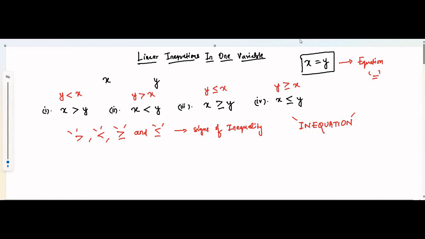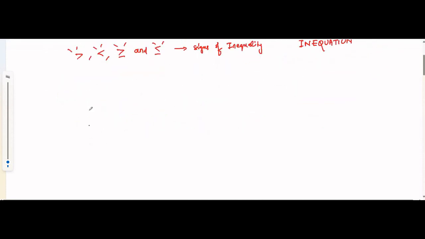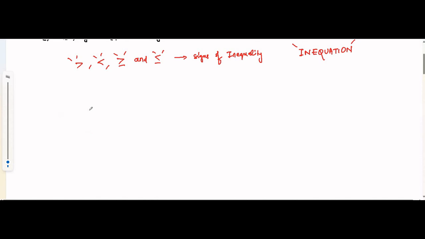So the general format of a linear inequation in one variable is represented as this. ax plus b is greater than c. ax plus b is lesser than c. ax plus b is greater than or equal to c. ax plus b is lesser than or equal to c.